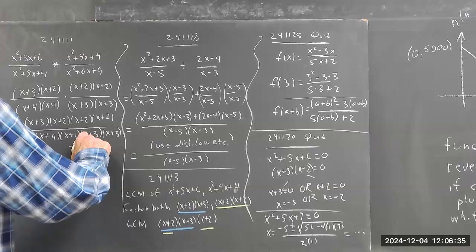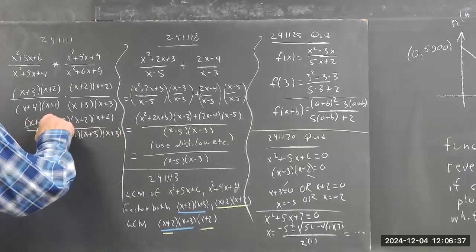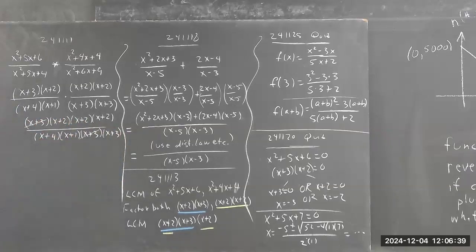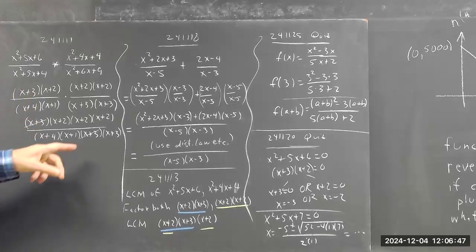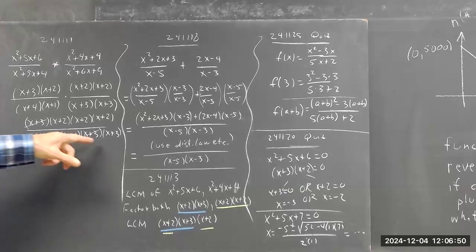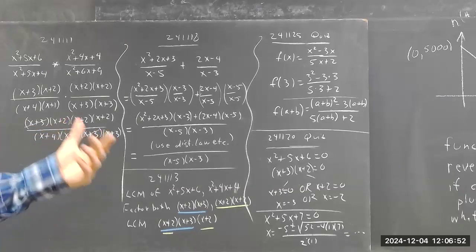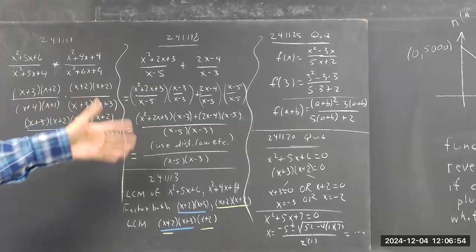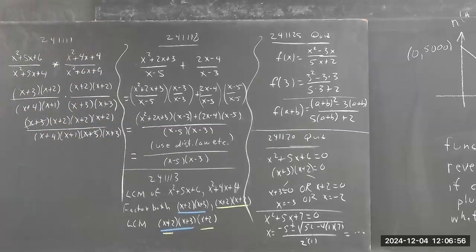So I can cancel these, which just means that I bring these x plus 3s out in front, and then I'll have x plus 3 over x plus 3, which is just 1. Another way to see it is x plus 3 divides into x plus 3 gives us 1. And 1 as a factor doesn't even have to be written down.